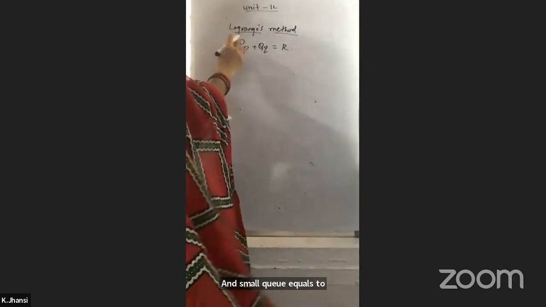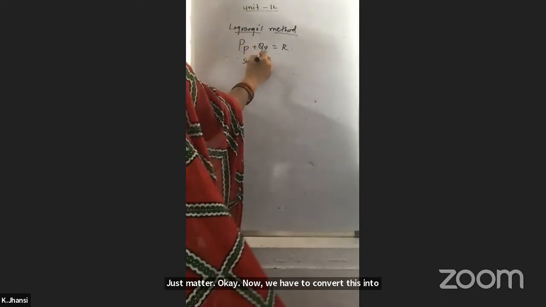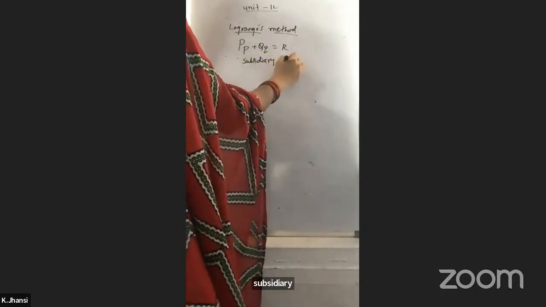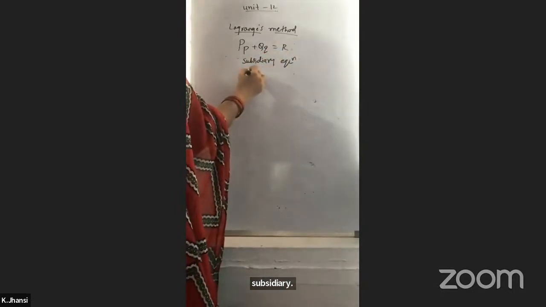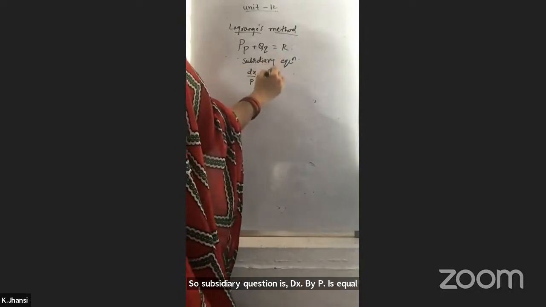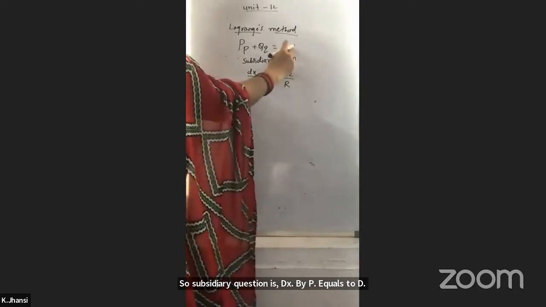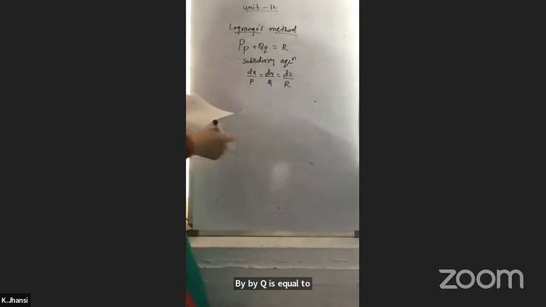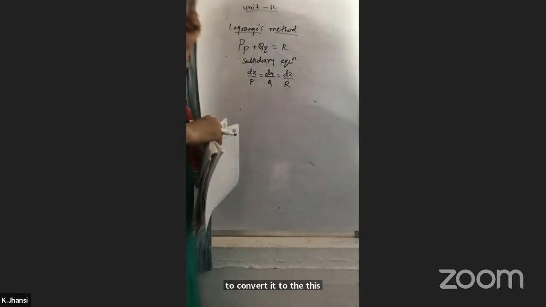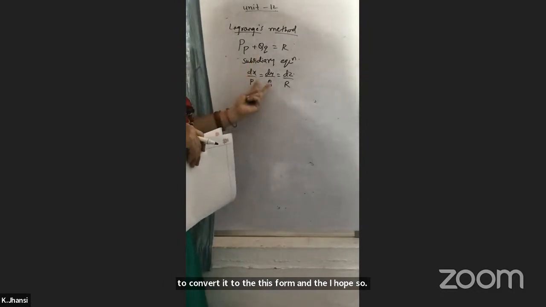Now we have to convert this into its subsidiary equations. We call it subsidiary equations. So the subsidiary equation is dx by P is equal to dy by Q is equal to dz by R. So the given question you have to convert to this form, and I hope in unit 7 or unit 8 we have found the solution by taking any two terms.